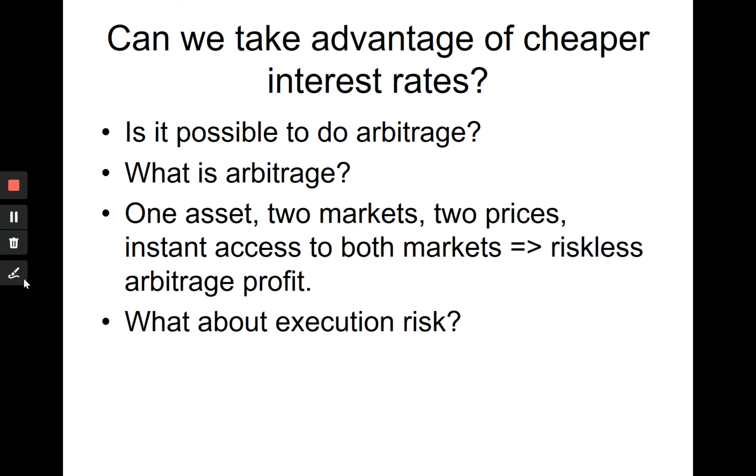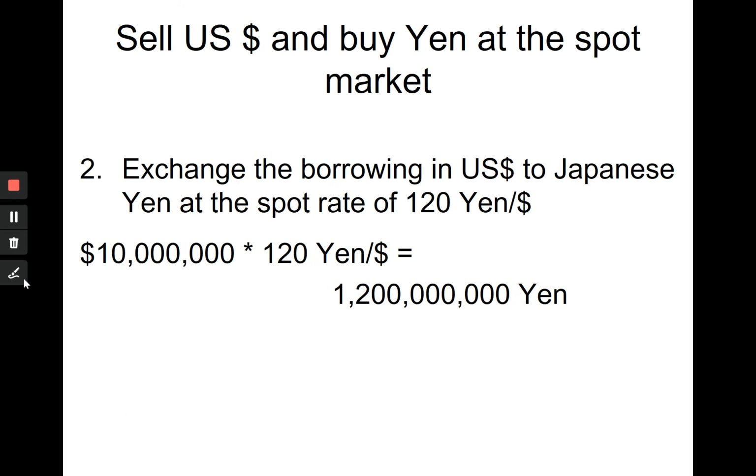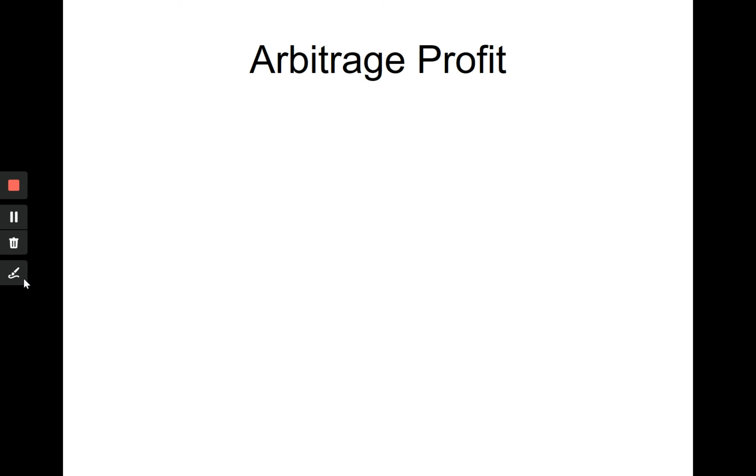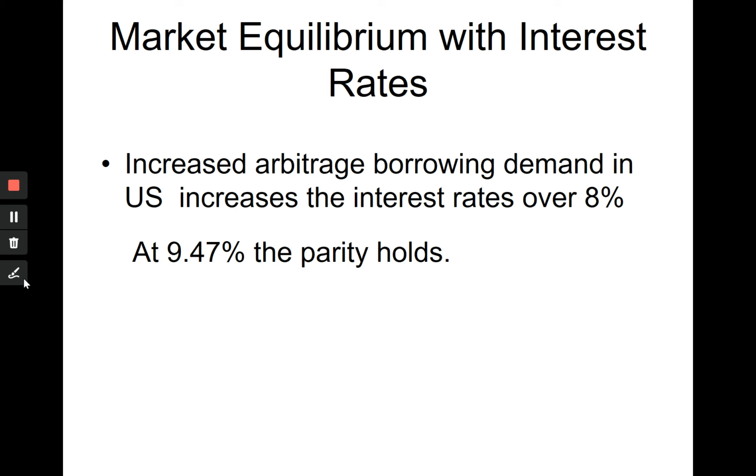Let me go back to the lecture at the point we were. Please do that exercise and x should come to 0.0947 or 9.47%.